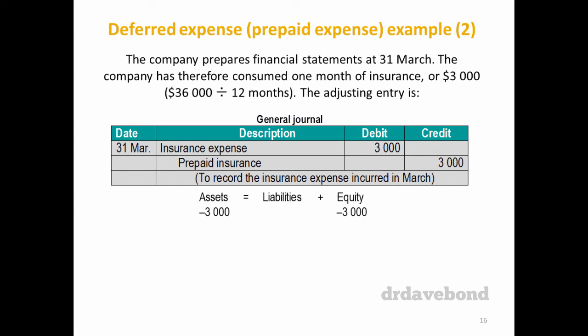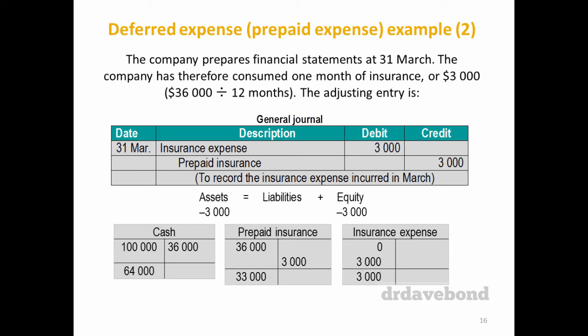Think of the prepaid as a pile of insurance that we have available to us, and we're slowly working our way down the pile. So the asset of prepaid insurance is dropping, and we're reflecting the expense as we use it. The prepaid insurance is reduced by $3,000 with a credit, and the insurance expense is increased by $3,000 with a debit.